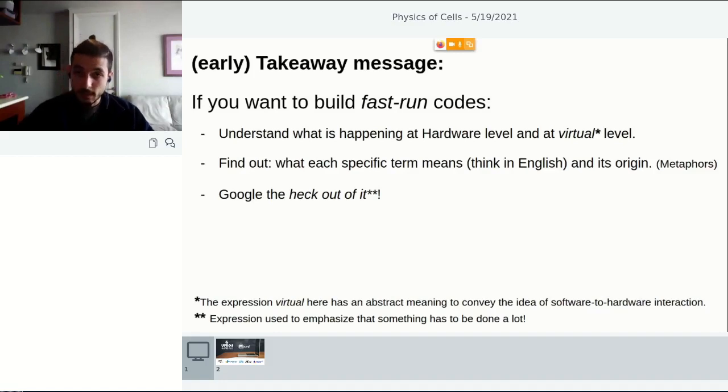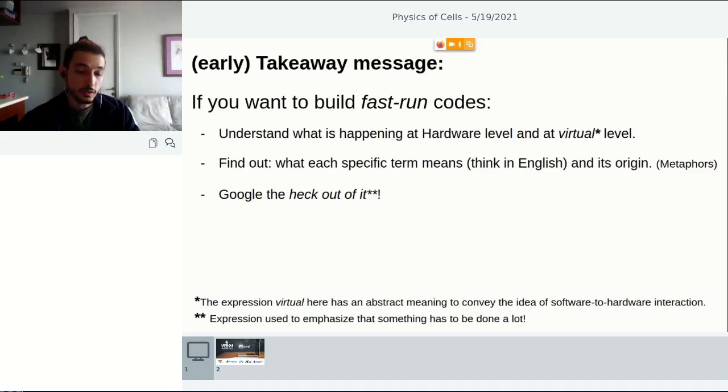And what I mean by virtual level too: the expression virtual here is an abstract term to convey the idea of the interaction of software with the hardware level, because a lot of the code and software that you will run on your PC will have auxiliary programs to help it communicate with the hardware.